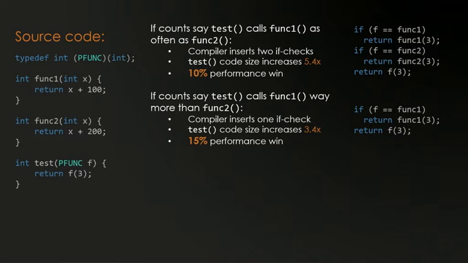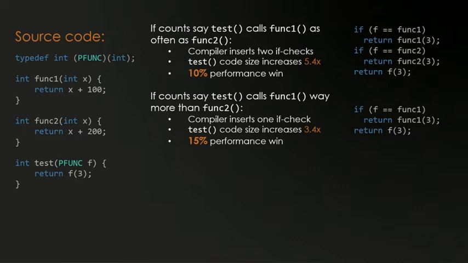So you run your code, and the profile counts tell you that every single time you've called test, you're really calling func1. Does that actually mean there is no possible code path that could ever call func2? The compiler is not necessarily able to prove that in this particular case. If the compiler is able to tell that func2 exists absolutely nowhere in your program, we'll do that even without profile counts. We'll absolutely do stuff like that.